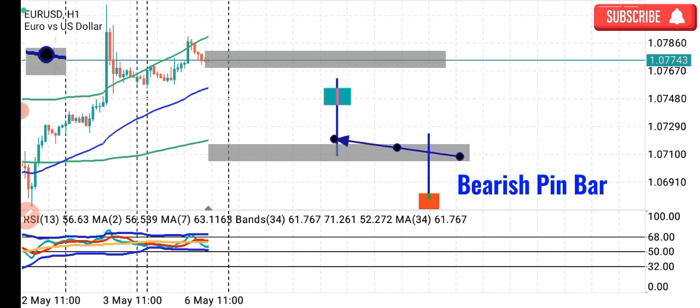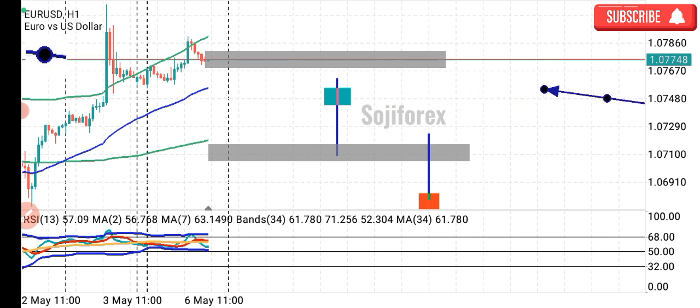Okay, now this is a support, and this is a bullish pin bar, and here at the level of resistance we have this rejection which gave us this body. This is a bearish pin bar. So this is for a sell confirmation and this is for a buy confirmation.